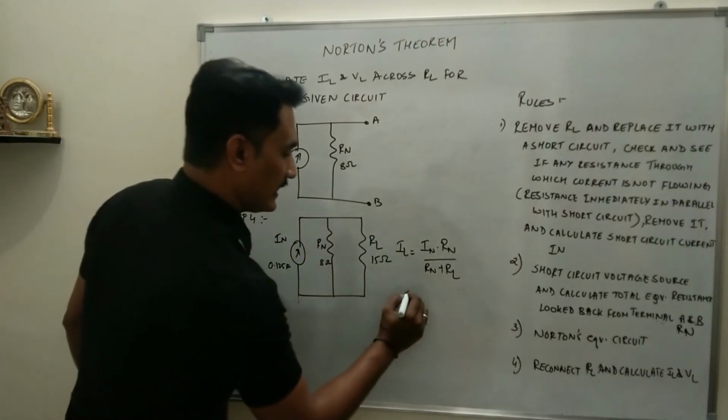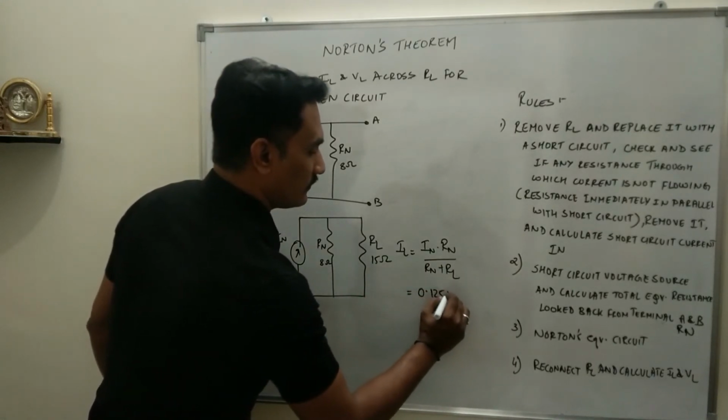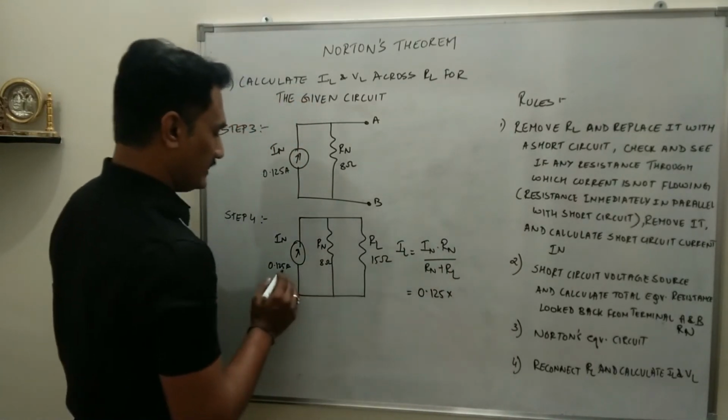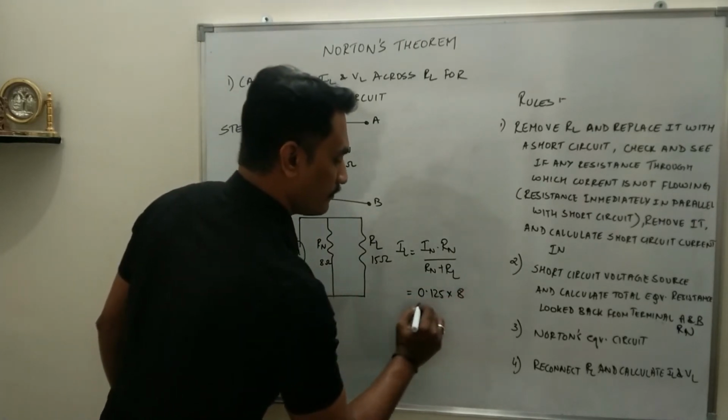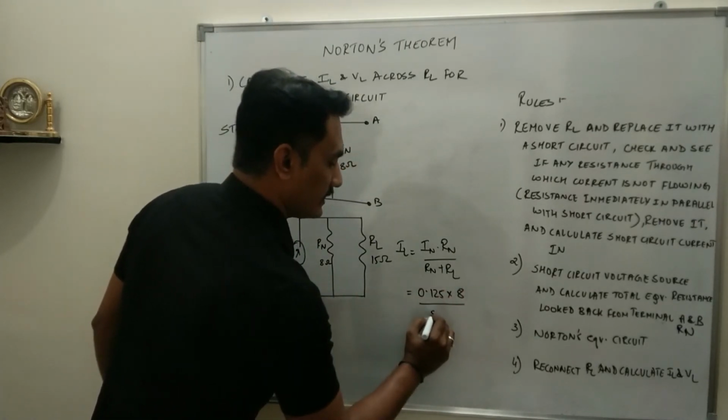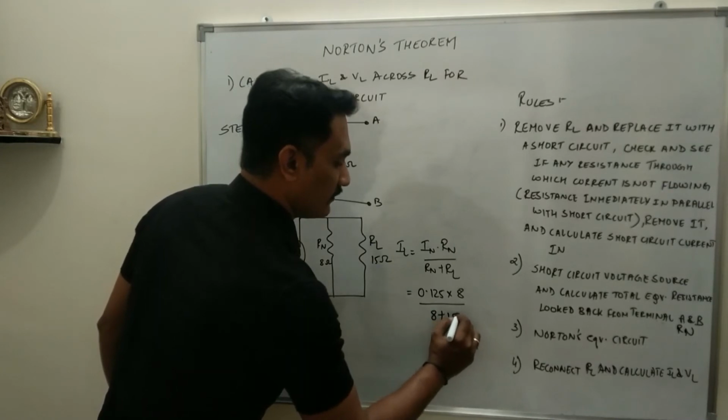So what is In? 0.125 multiplied by Rn is 8, and then Rn is 8 plus 15.